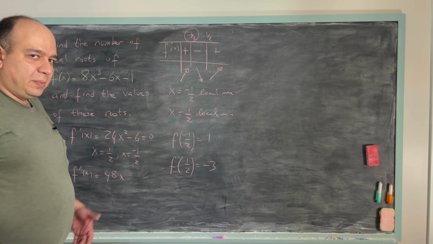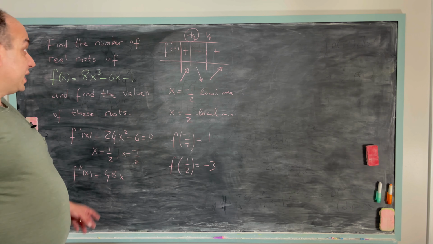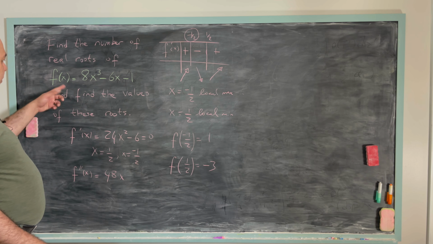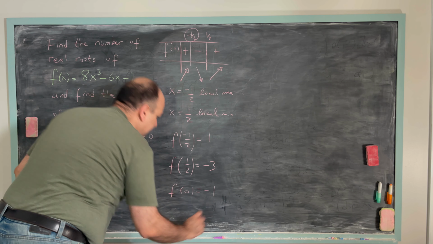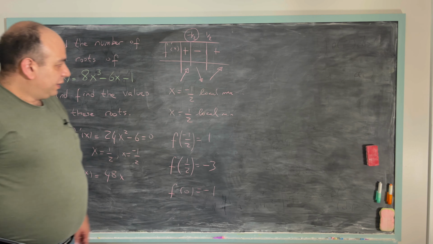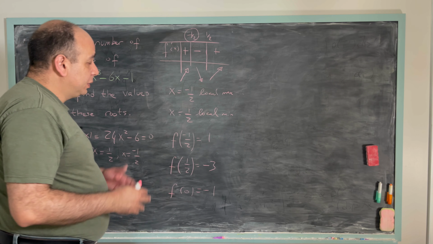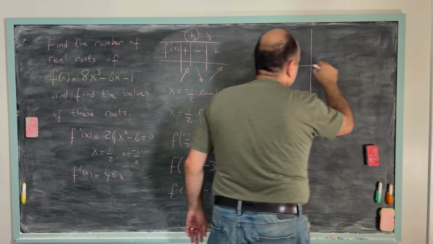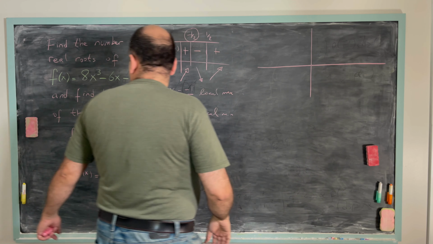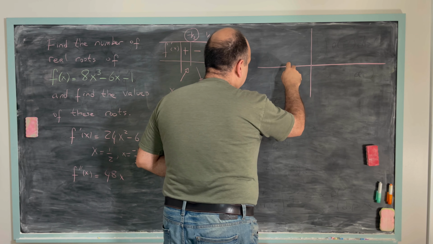So there are also some other special points here. For example, we can find the y-intercept. So we put x is equal to 0, f of 0 is equal to minus 1. And I think we are kind of ready to plot how this function looks like, right? First of all, where is my minus 1/2?